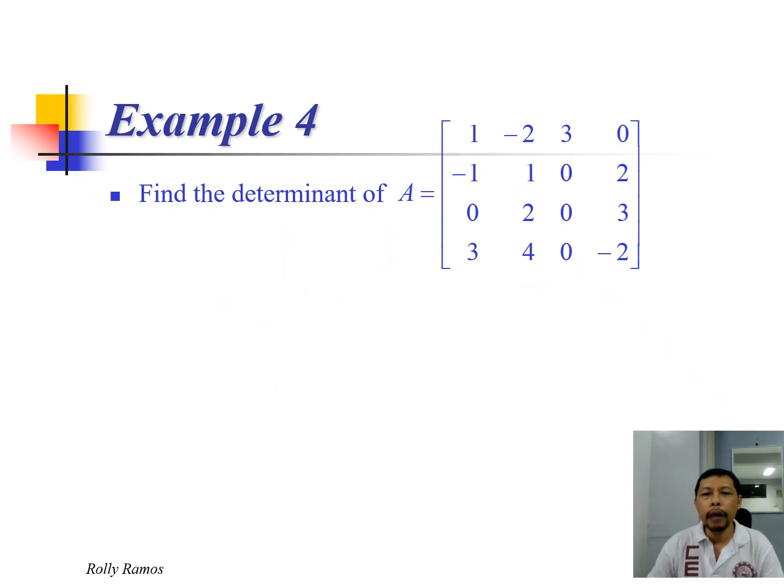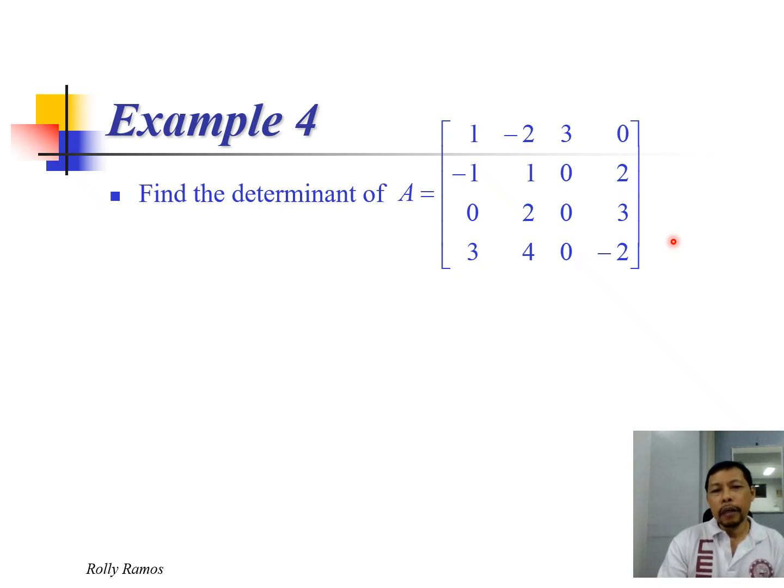Let's say we have a higher order matrix. This time we have a 4 by 4 matrix, or a matrix of order 4. So we could no longer use the shortcut method just like in the previous example. You have no choice but to use the cofactor expansion method.